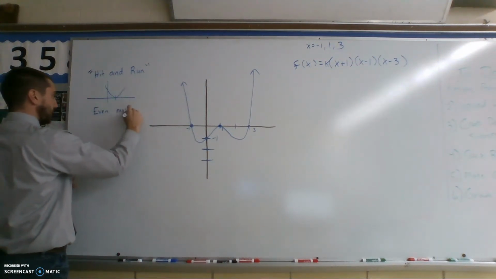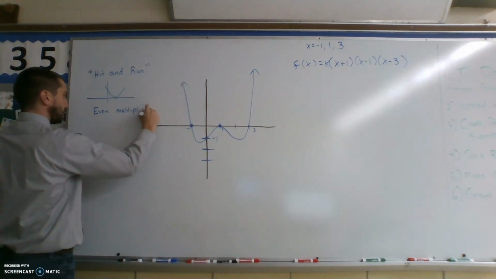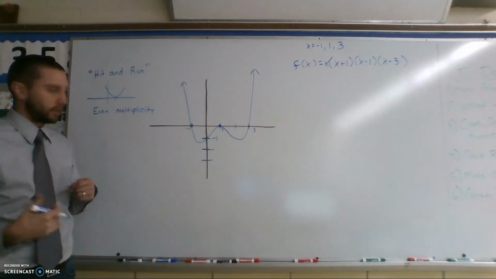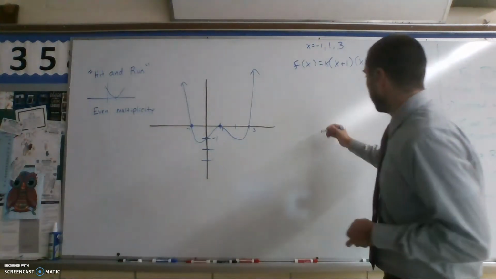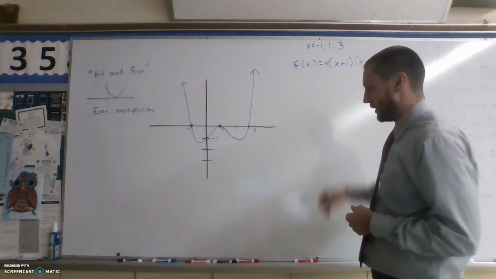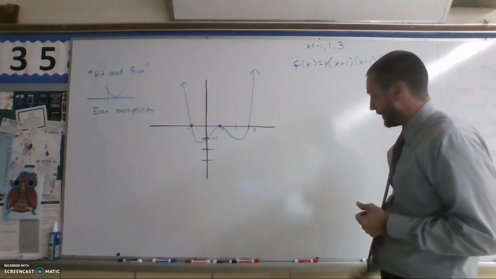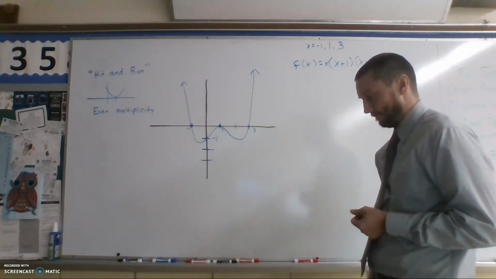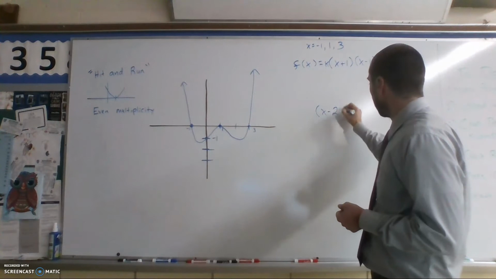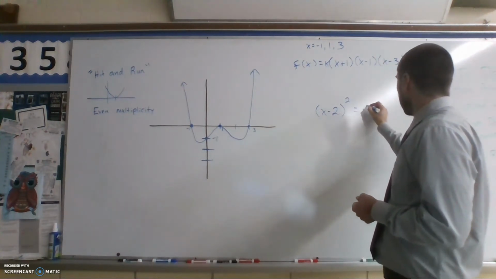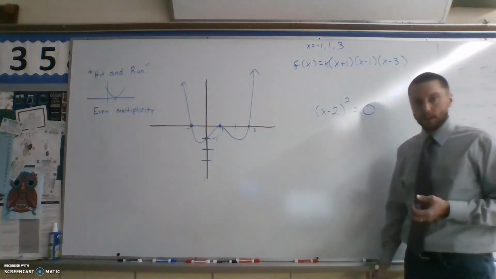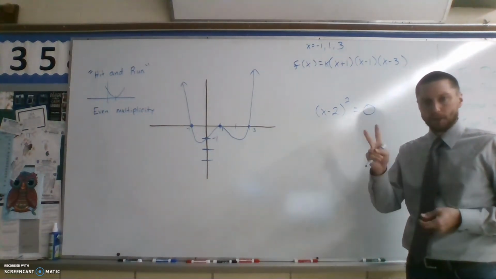So what you maybe remember doing with this last year is, we're going to say this has an even multiplicity. Okay? And if you don't remember this, that's okay. You don't write this down. But you remember solving equations. You're solving for x, and you're solving a quadratic.